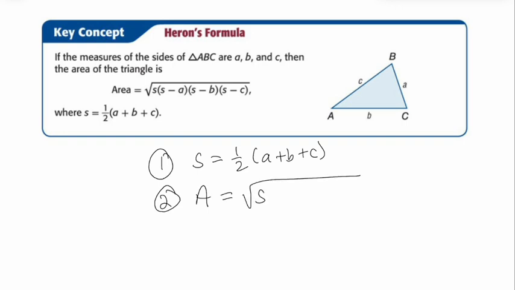It's just S times S minus A times S minus B times S minus C. You find that calculation and you take the square root and you got the area, which is very cool. If it's a right triangle, I'm going to use 1/2 base times height. But if it's not a right triangle, this formula works. It's really kind of cool.